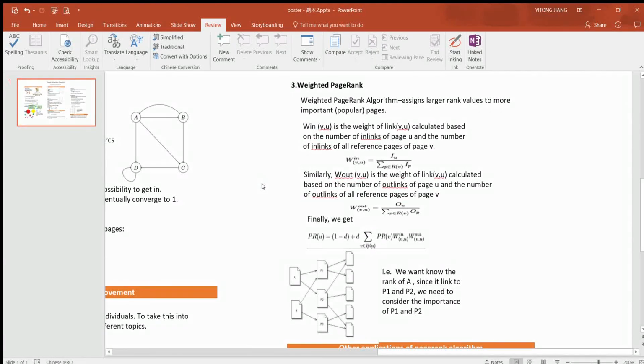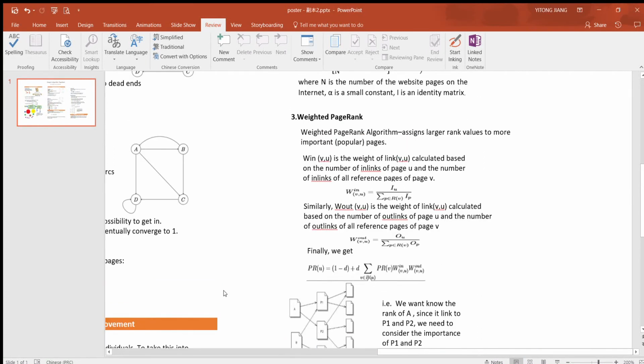The third method is weighted PageRank. The weighted PageRank algorithm assigns larger rank values to more important or popular pages.